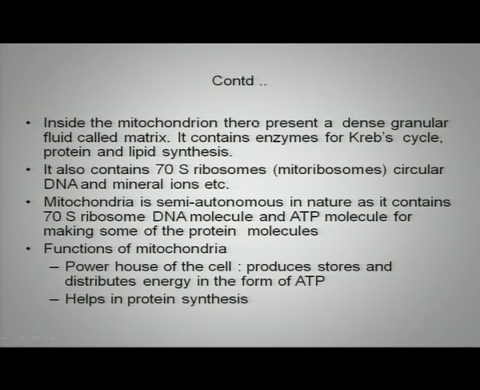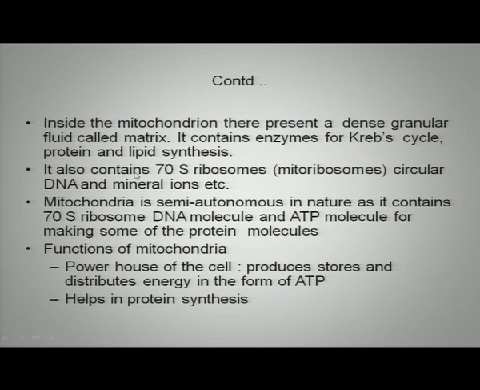Inside the mitochondrion, there is a dense granular substance, the fluid matrix, and it contains various enzymes for the Krebs cycle. Then it contains enzymes for the synthesis of different types of proteins and lipid synthesis.